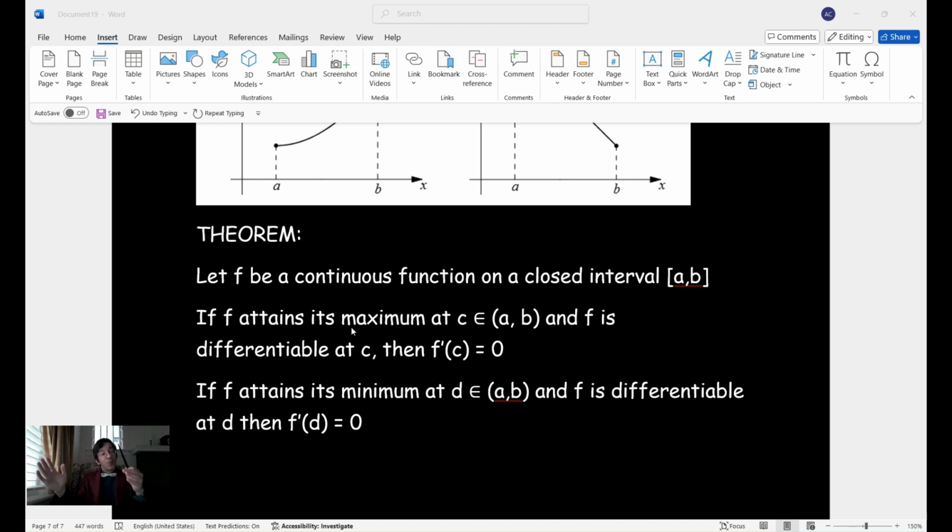This is where Rolle's theorem enters the room. What if f of A equals f of B?